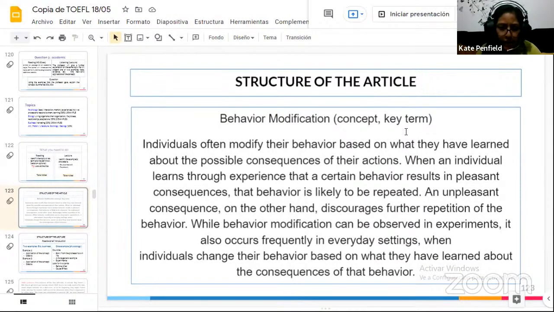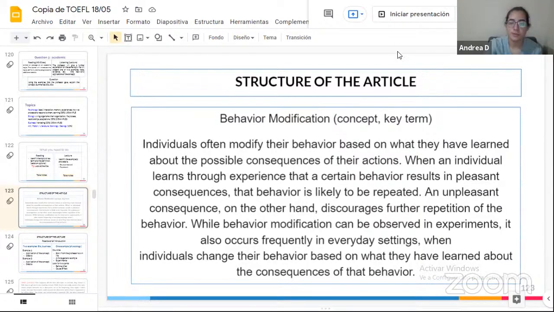An unpleasant consequence, on the other hand, discourages further repetition of the behavior. While behavior modification can be observed in experiments, it also occurs frequently in everyday settings when individuals change their behavior based on what they have learned about the consequences of the behavior.